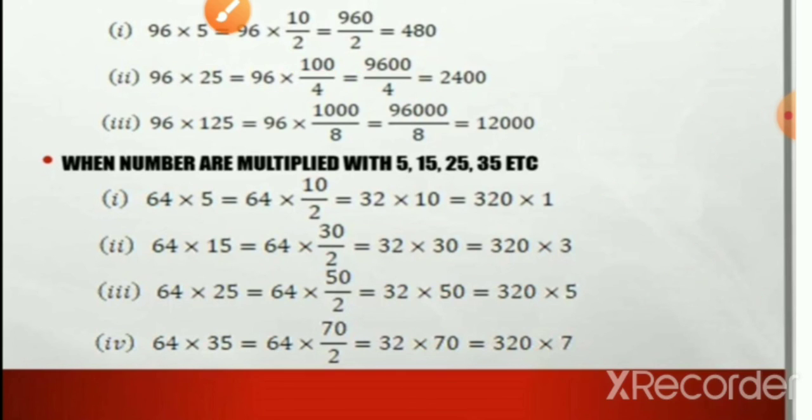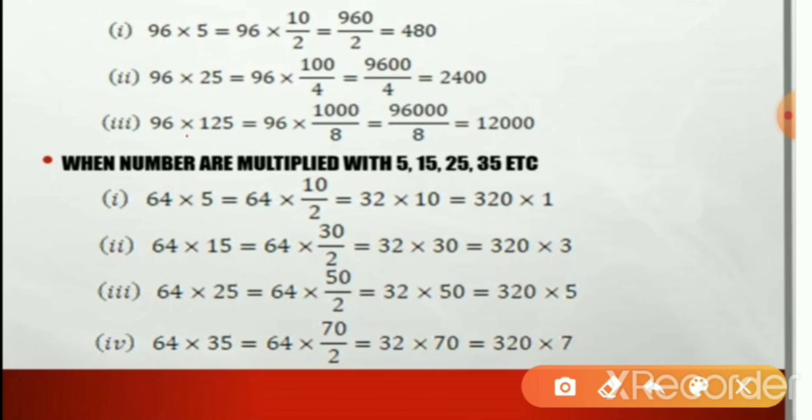Okay, so we will get 125. So first 96 multiply with 1000, so we get 96,000, and divided by 8, so if we divide it, we will get 12,000.